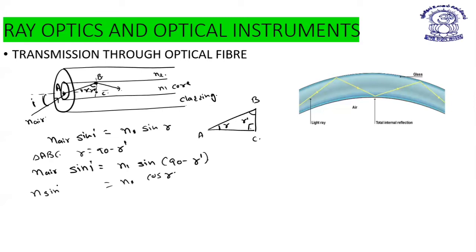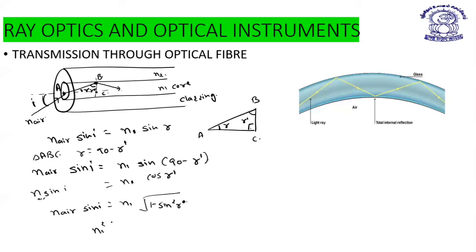So N air sine I is equal to N1 cos R. Cos R can be written as under root 1 minus sine square R dash.